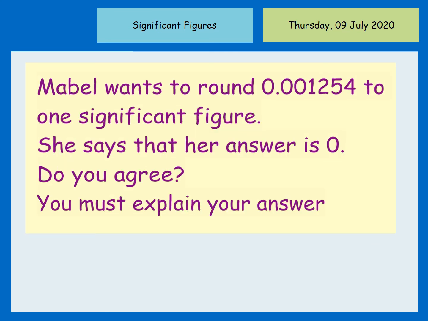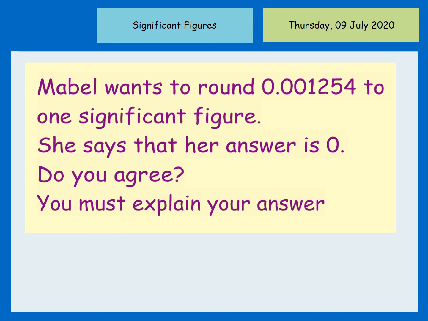Now, this here is a prime example of someone who's making a typical mistake. We have Mabel, who wants to round the number 0.001254 to one significant figure. Now, she says the answer is 0. After what we've discussed today, we should realise this is definitely wrong.